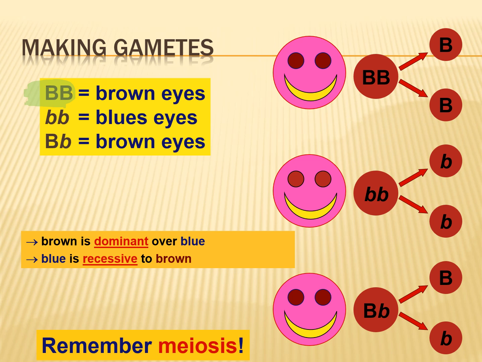So this is a parent that has 2 of the same allele, so they're homozygous. If we do this for eye color, they're homozygous for brown eyes. So during meiosis, where they're making haploid gametes, they can only give a big B to their gametes.